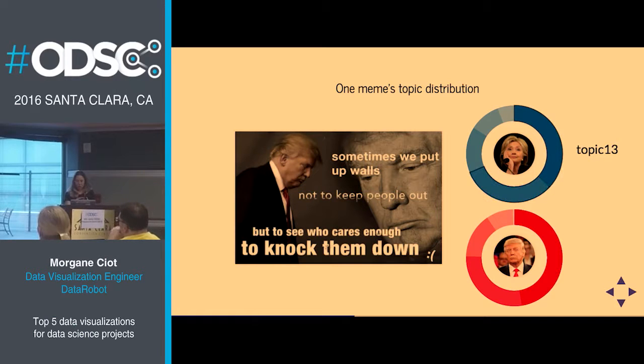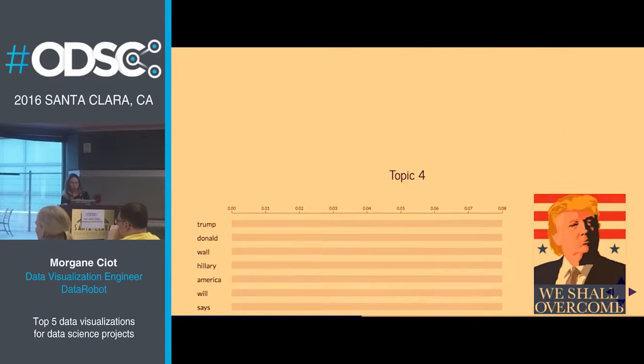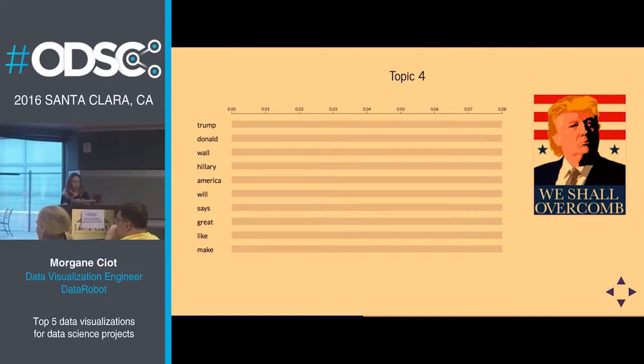But the machines found a certain amount of salient topics relating to Hillary, and then a certain amount of topics relating to Trump. So we'll look at these, and I thought this one in particular was really interesting, topic 4. It can be described by these following words. Donald Trump, wall, Hillary, America, will, says, great, make.